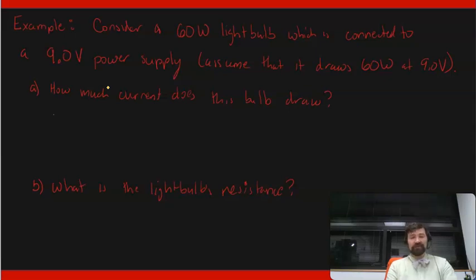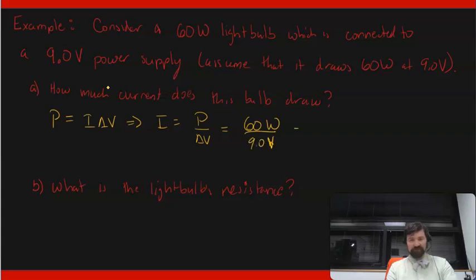So as far as the current is concerned, power is I times delta V. That implies that I should be power divided by delta V. And so you have 60 watts divided by 9.0 volts.